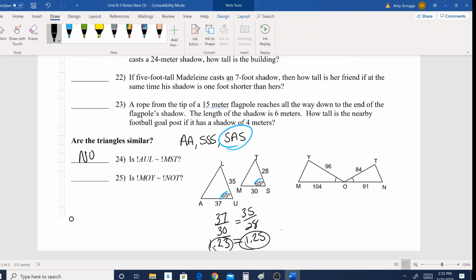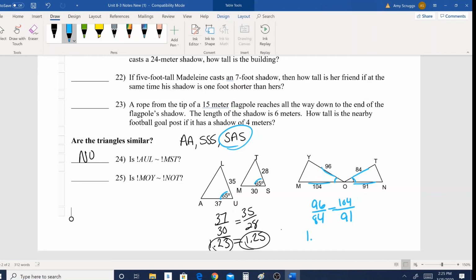Okay, the second one. I see that it has two congruent angles right here. So now let's check the sides. So I'm going to check and see what the ratio of 96 is with 84, and then 104 with 91. So let's just turn these into a decimal, see if we get the same thing.